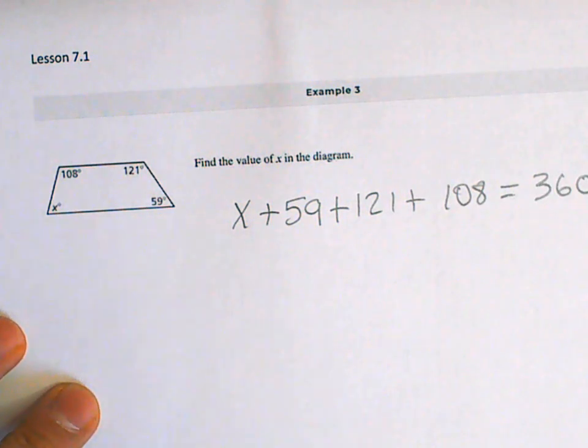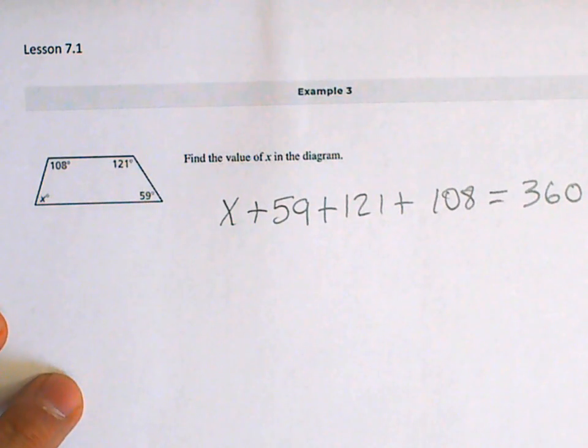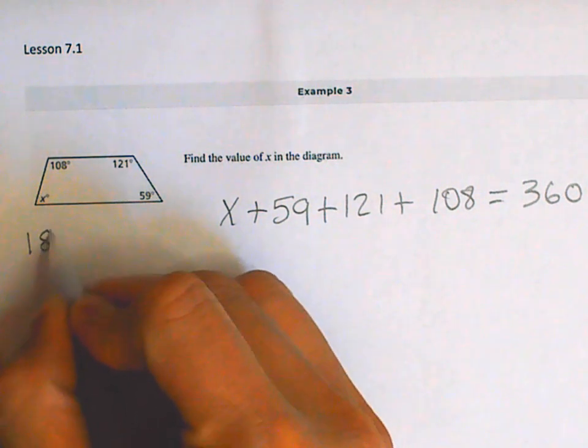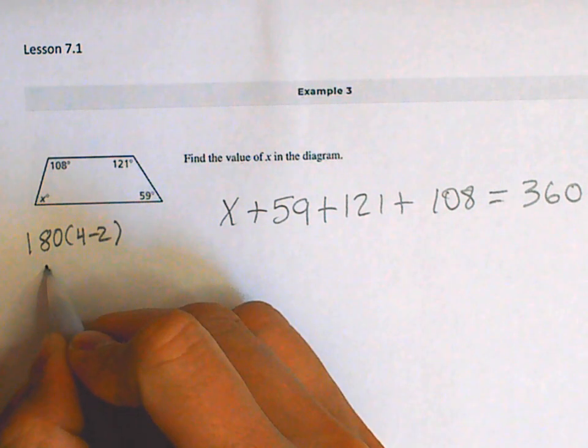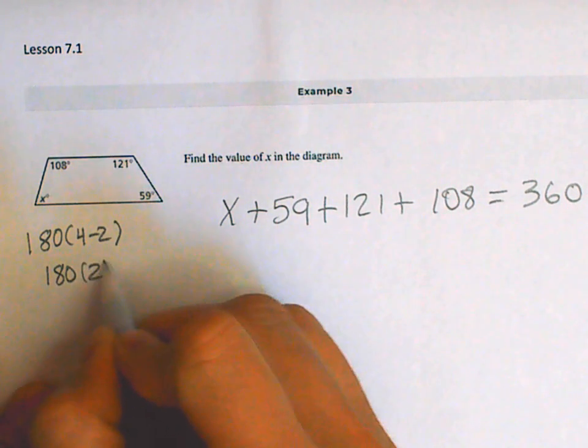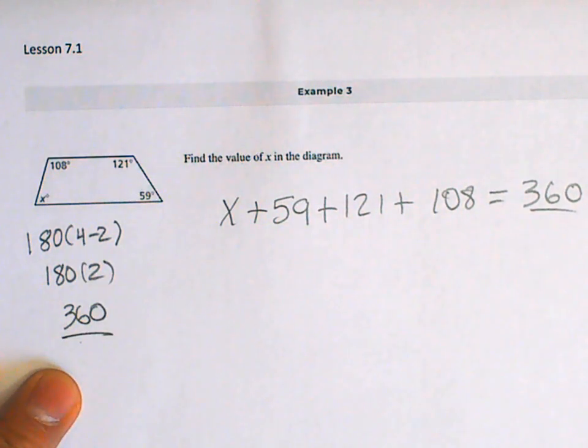But say, for example, what if I did not know that it was 360? What could I have done? Well, you see you have 4 sides. So what you could have done is 180 times 4 minus 2, and that would have given you 180 times 2, which is 360.